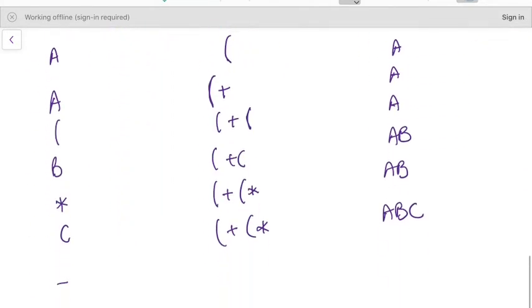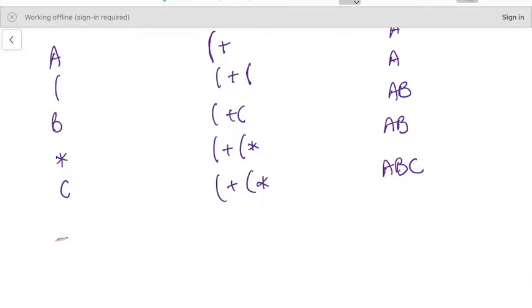See, here we have got minus. This is the minus operator, and then we have the multiplication sign here on the stack, and minus wants to enter the stack.